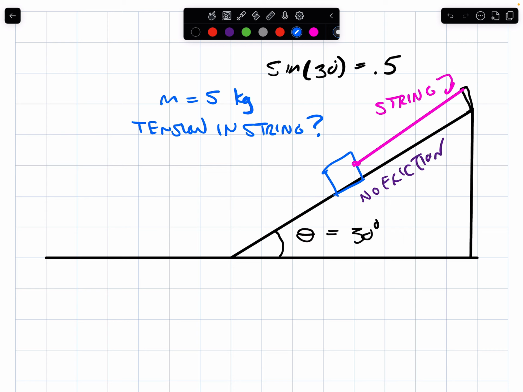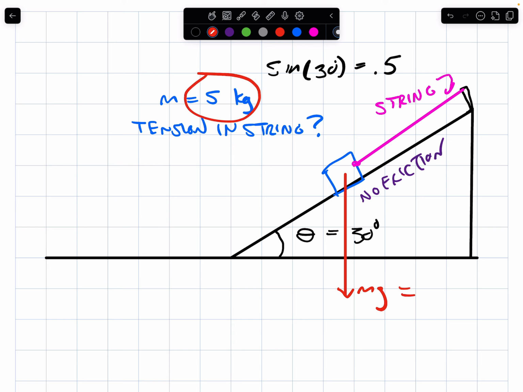So to solve this problem, I'm going to draw this thing called a free body diagram. So all the forces acting on the block. So those forces are going to be, well, there's the weight of the block, which acts straight down, and that is equal to mg. So right off the bat here, we can figure out how large that is.